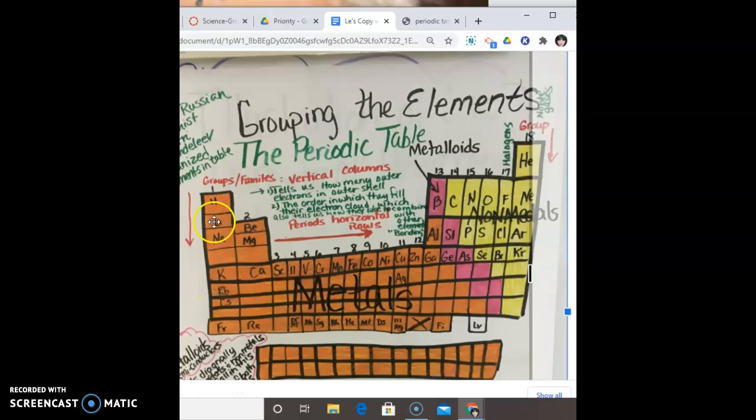Group 1 or family 1. This group right here is very reactive. I want you to think of this like your family members that are explosive. They have a bad temper. These react with almost everything. Okay? And then the halogens, I want you to think of these as like their first cousins.